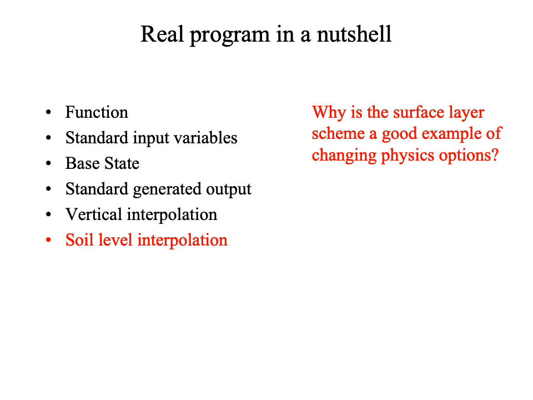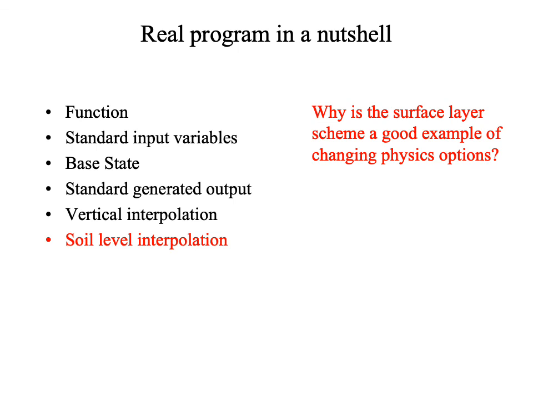While this is called soil level interpolation, it's really a good example of why we need to make sure that the physics options between the real program and the WRF model are consistent. There are a number of initializations that go on inside of the real program that provide data to the WRF model, and that data never gets into the WRF model that was used as a precursor for those fields.